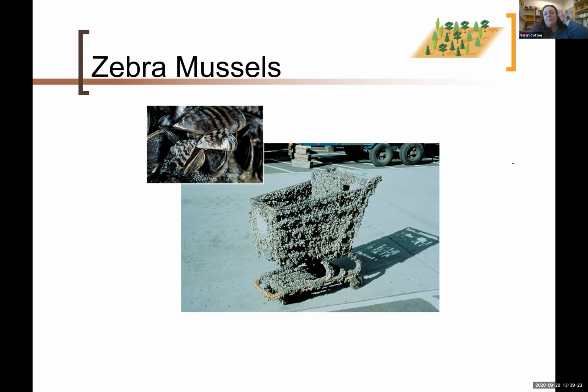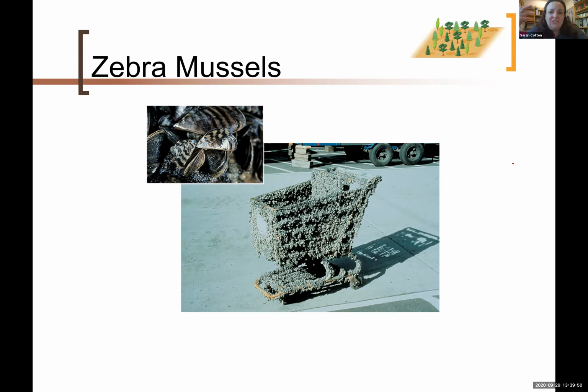And that's a problem ecologically because they are fierce competitors. Mussels are real tough little suckers, right? They're fierce competitors, so they displace other species, which screws up the food webs of all the organisms in those lakes. And then they also cause a lot of problems for humans because they grow so much. They tend to grow all over everything, and they fill in stuff.